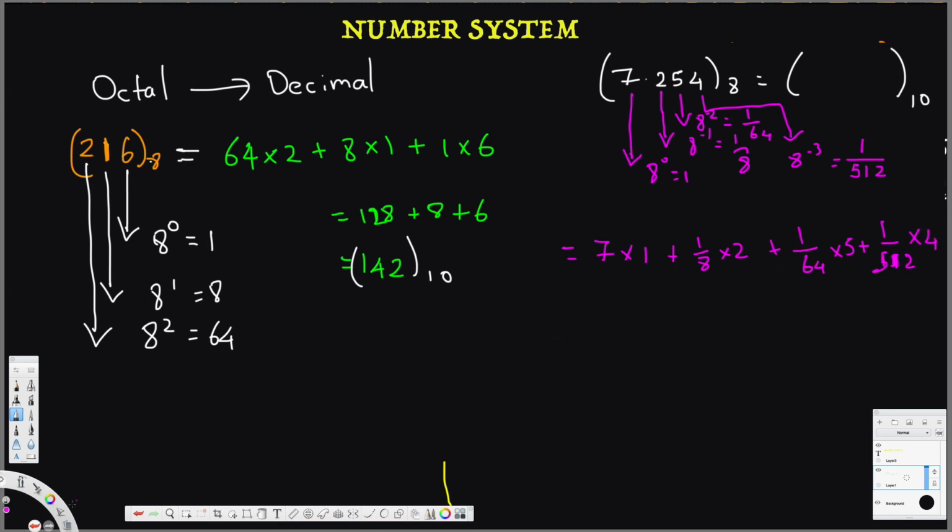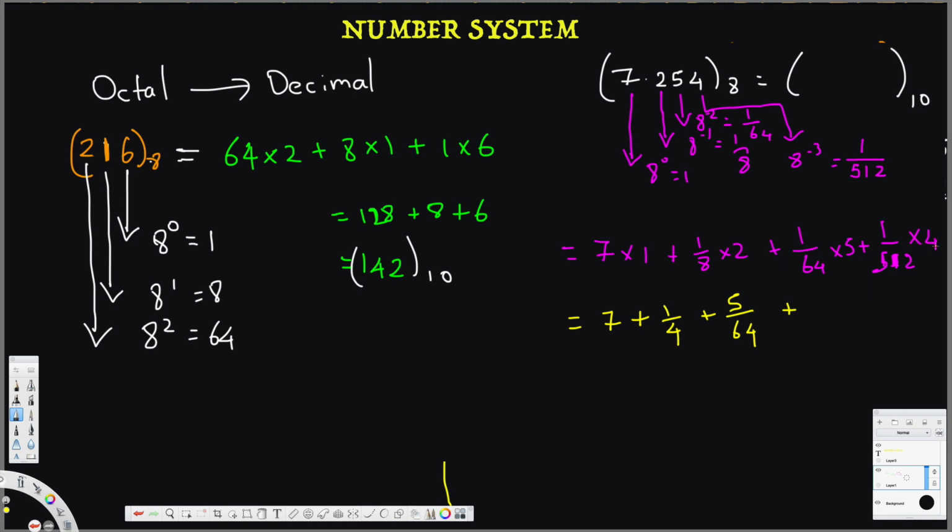Okay, now let's add them together. 7 multiplied by 1 is 7, and then plus 2/8, that is 1/4, plus 5/64, and then we have 4/512.